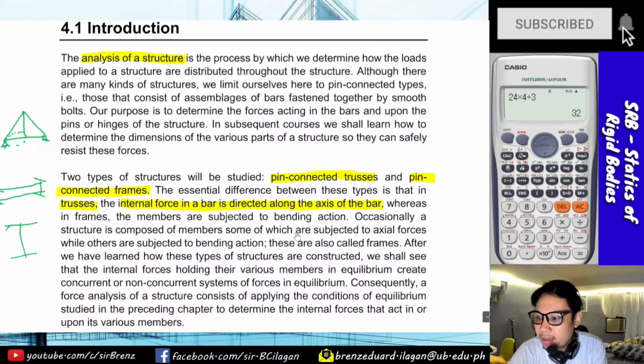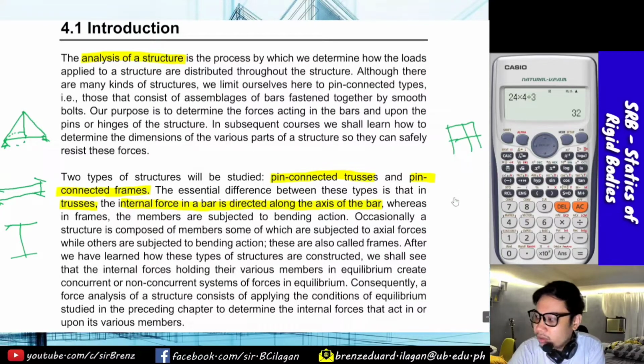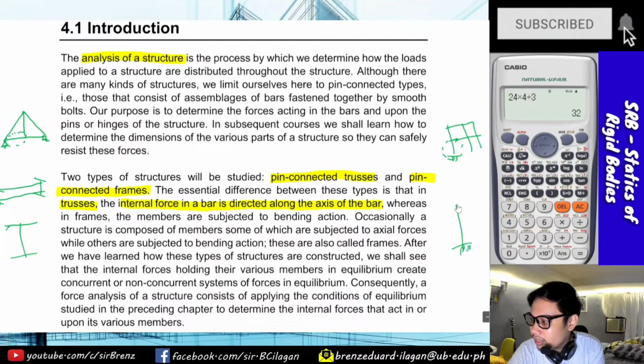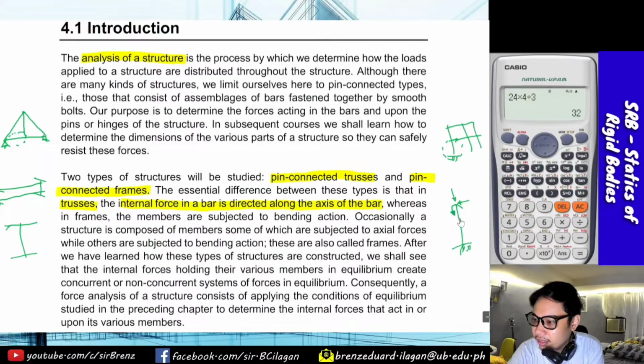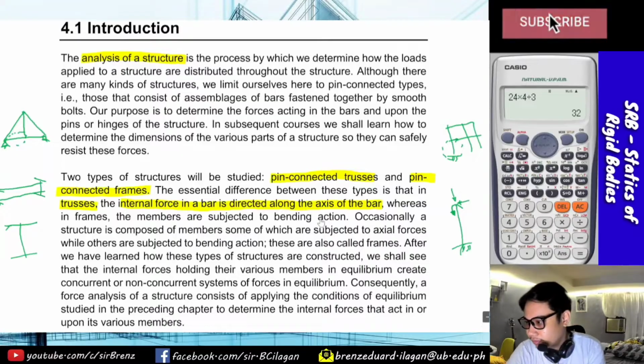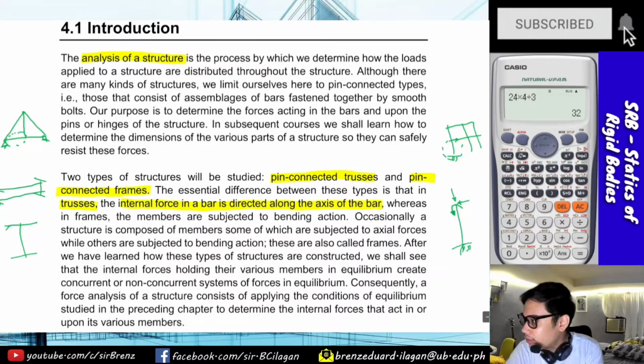So, kapag pin-connected frame, for example, ganyan. So, doon sa mga dugsungan niya, for example, isolate natin to. So, mga dugsungan yan, meron siyang component, yung mga internal force in y direction, meron siyang x, and at the same time, meron siyang bending moment or moment. Okay? So, ayan.